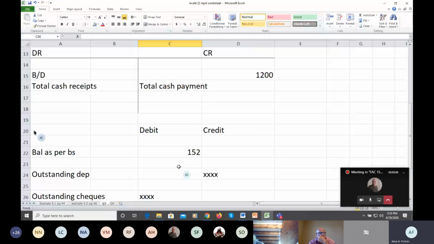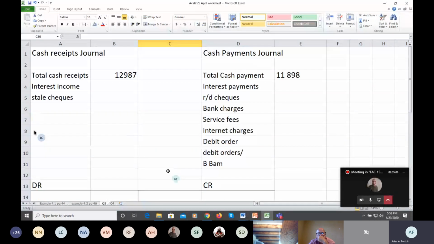Bank charges amounting to 53 Rand, and we do have a tab here somewhere for bank charges. A check received from K Knight to the amount of 1,135 was returned by the bank marked R&D due to insufficient funds. So we know that R&D, we've got a column for it, so we're going to put it in.